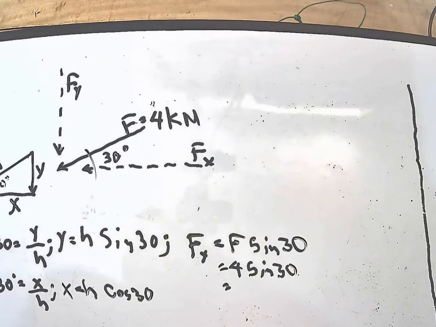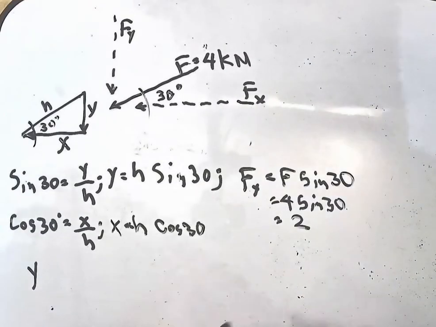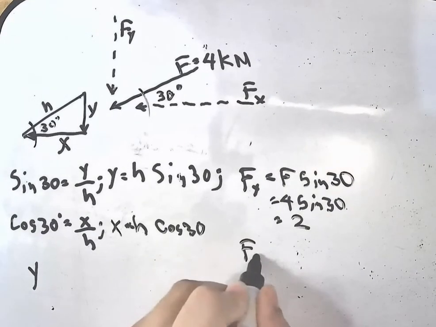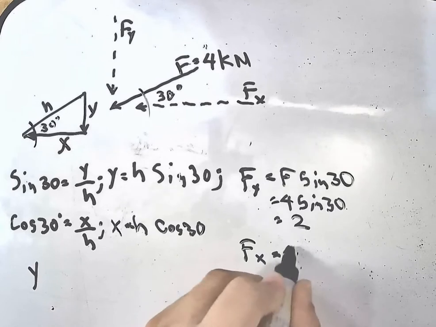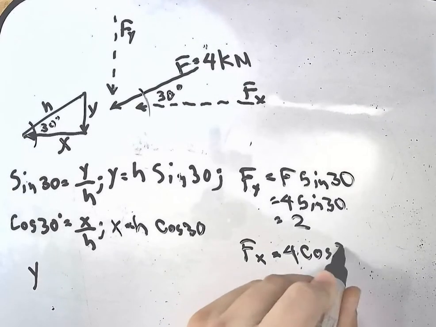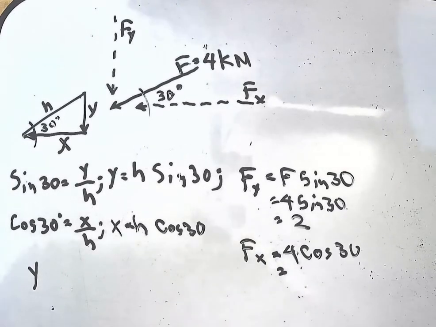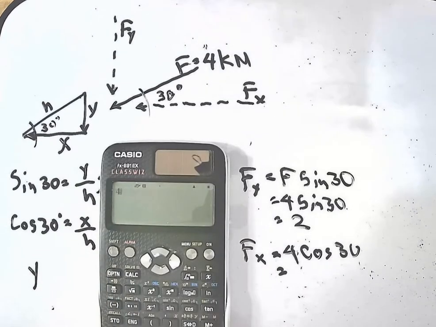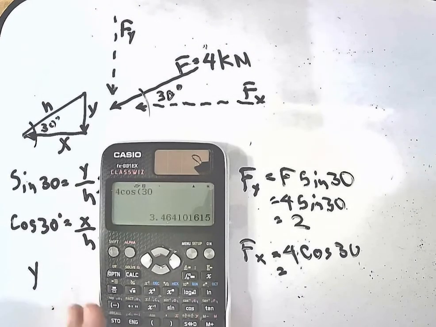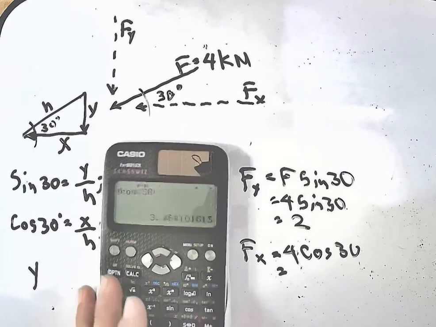This becomes now 2. Ito naman, Fx is now 4 cosine of 30. 4 cosine 30 is equal to 3.46.